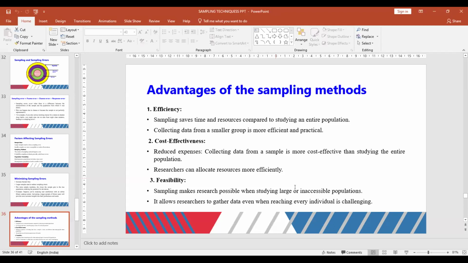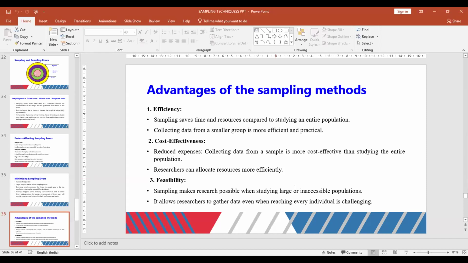Yes, as we know, cost effectiveness: sampling techniques reduce the cost, because collecting data from a sample is more cost effective than studying the entire population. Researchers can allocate resources more efficiently.